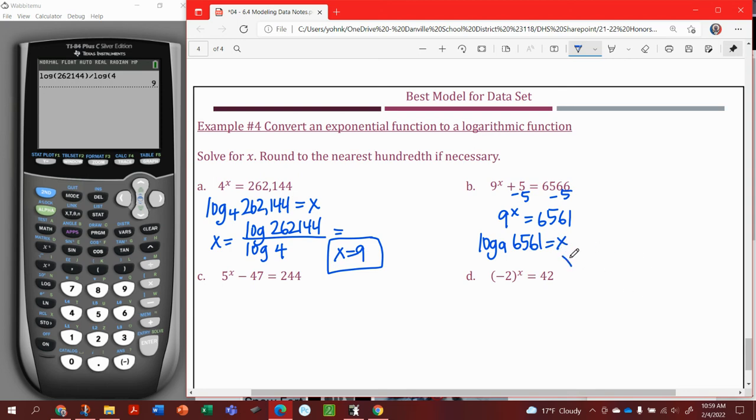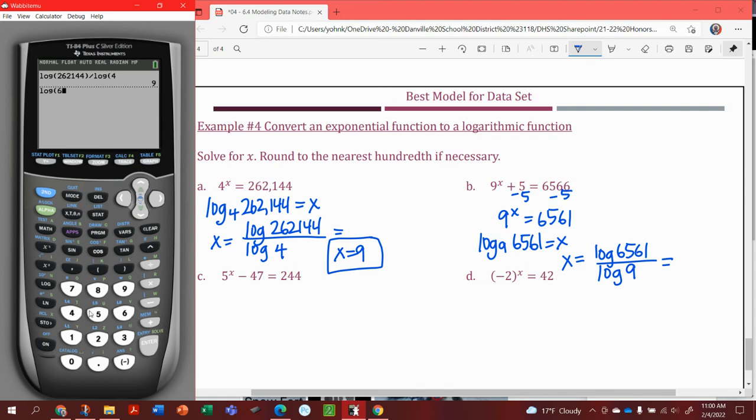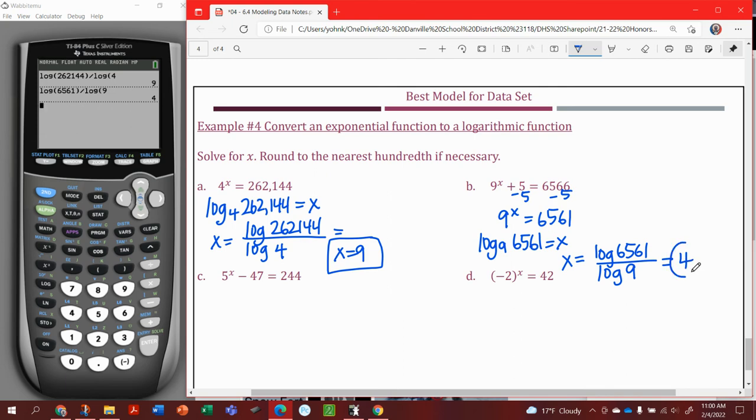I can use the change of base formula, which says to take the log of the big number, log of 6,561, and divide it by log of the base, which is log 9. If I do this, log of 6,561, close the parentheses, divided by log of 9, I get 4. That means that 9 to the 4th power is 6,561, which is true.